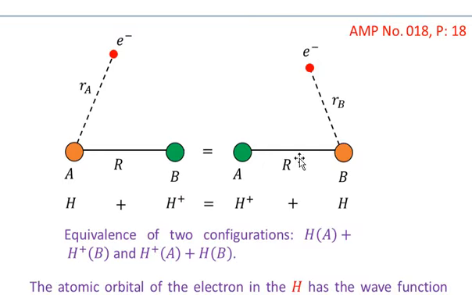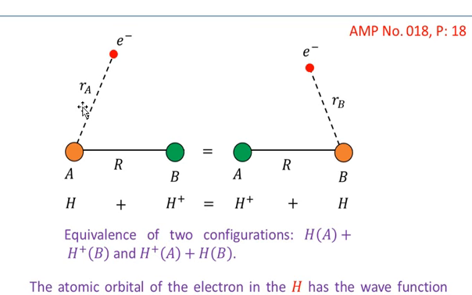The other possibility is that you have A as a single proton with no electron connected with it, and the nucleus B has an electron e connected with it through the distance rB.